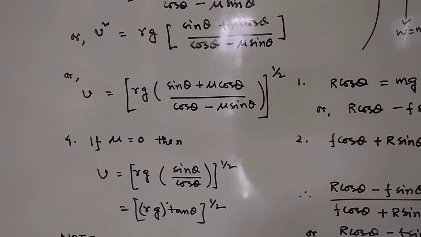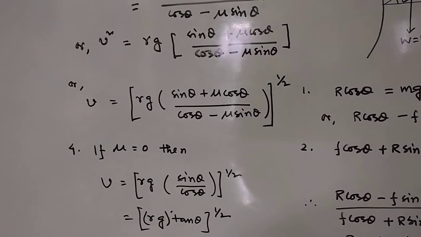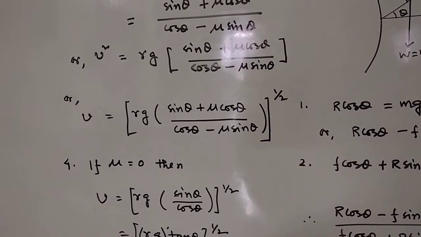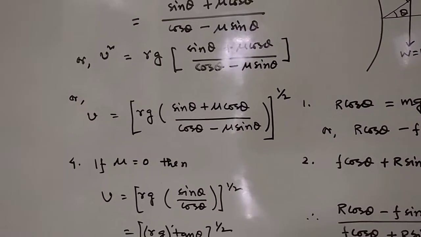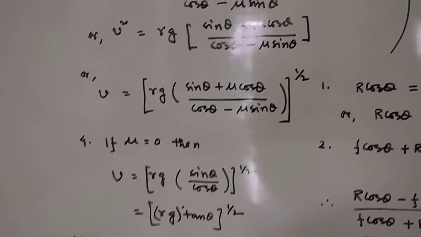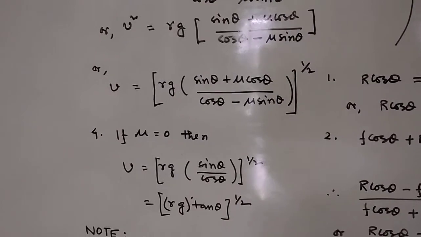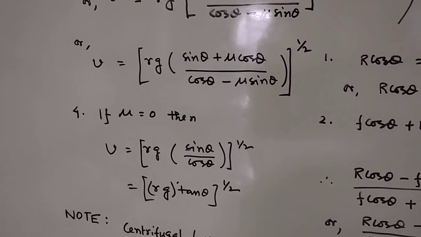So I think you have seen that during your journey, somewhere the maximum speed limit is written as 20 km per hour or 30 km per hour or 50 km per hour, no? So based on that construction of the road, the speed is calculated because r is the radius of the curved surface and theta is the angle of inclination.